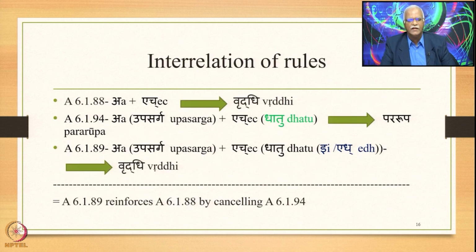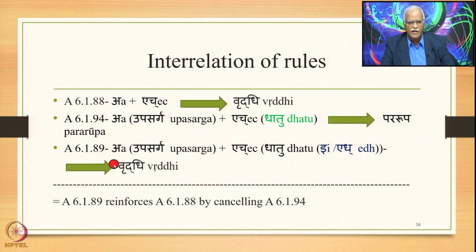This is how ityadhatyutsu works. Now if we look at the interrelation of rules, we can say that for 6.1.88 we need a plus h as an environment, as an input, and vriddhi is the output that is generated. For 6.1.94 we need a plus h, yes, but we need a at the end of an upasarga and h at the beginning of a dhatu, and so the output generated will be pararupa.